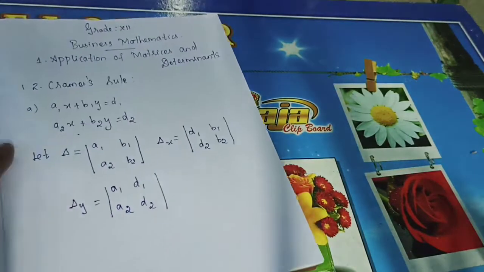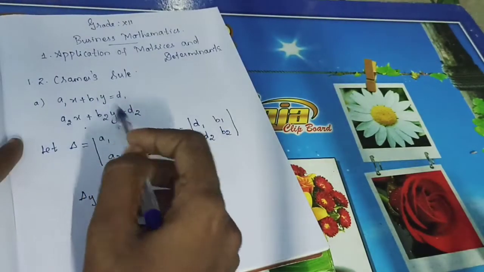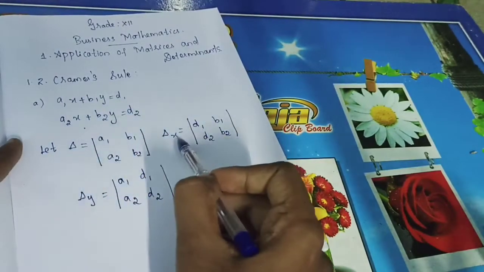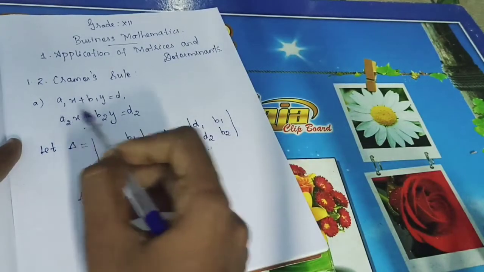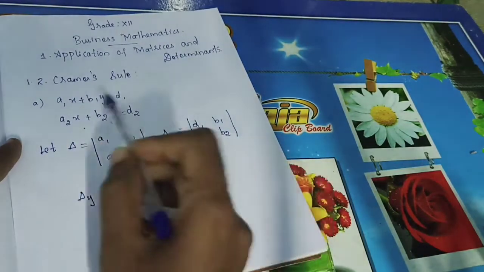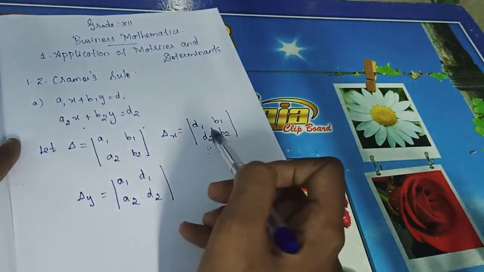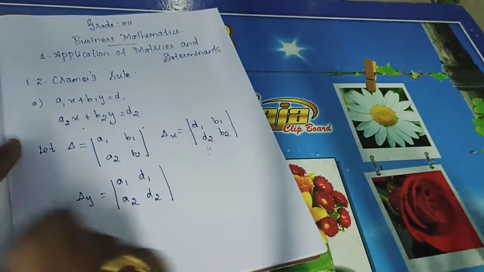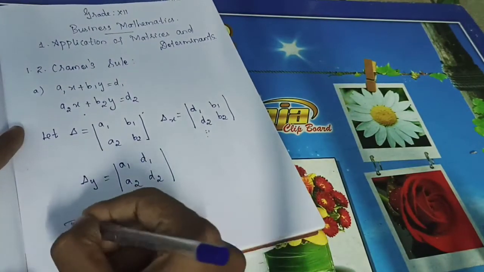Understand? So delta has the coefficients of x and y. Delta x means in the place of the coefficients of x, you write d1 and d2. Delta y means you bring d1 and d2 in place of b1 and b2. Understand?